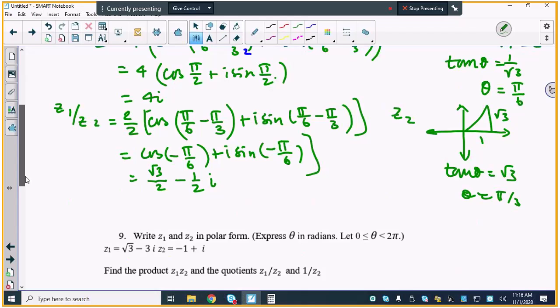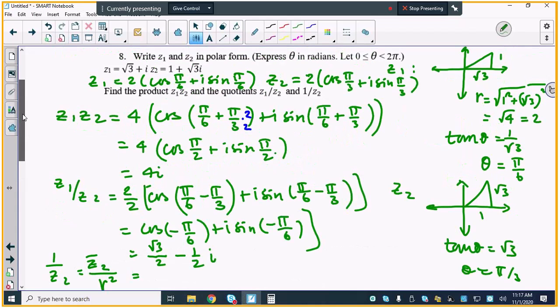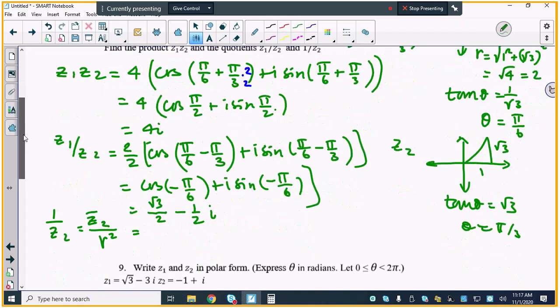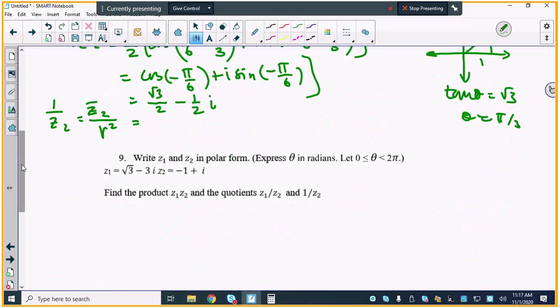Now remember, 1 over z2 is z2 bar over the modulus of z2 squared, or r squared. So if you think about this, my z2 was 2 times cosine pi over 3 plus i sine pi over 3, or you can actually think about 1 plus square root of 3i, it doesn't matter which form you want to take.